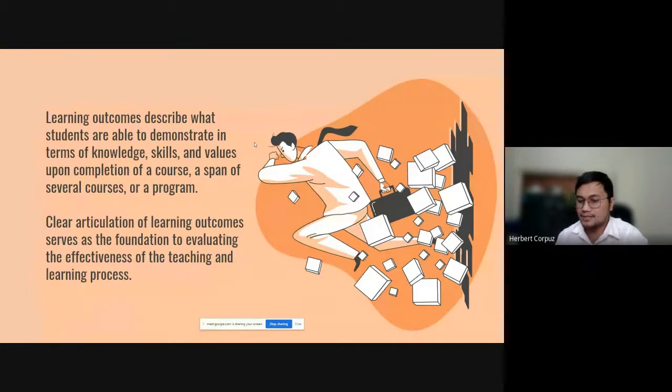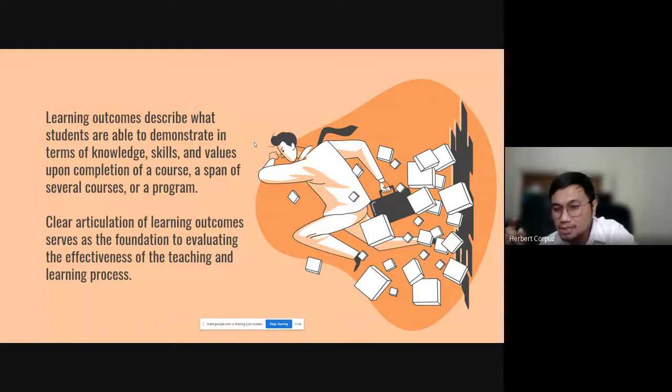Again, as we have said, what measures real teaching is learning. And learning is defined as the achievement of the learning outcomes. Again, the ultimate measure of real teaching is true learning, and true learning is defined as the achievement of learning outcomes.